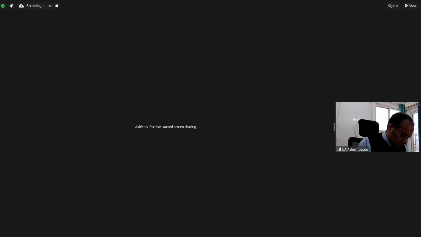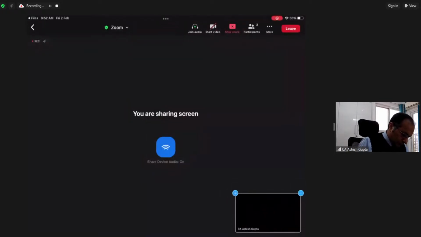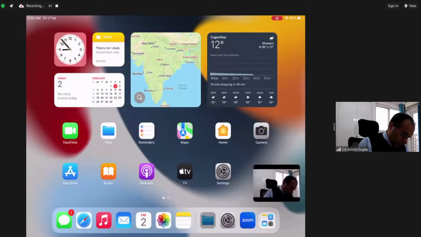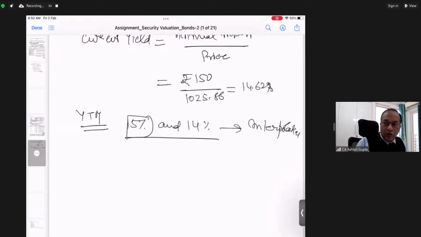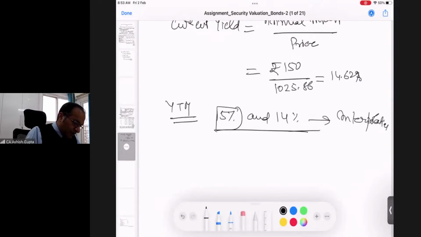Sorry. Now it is clear. Student, sorry, my screen was not visible. I am just doing it again. Now, as I told you, we have to do interpolation, so we have to do it at 15%. I think one or two students have done the same also.